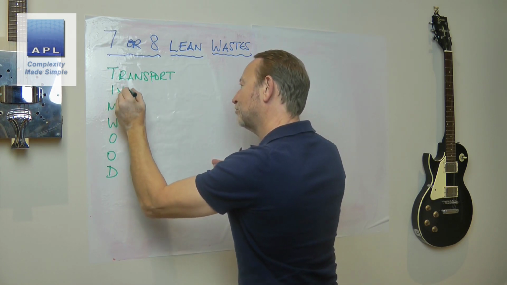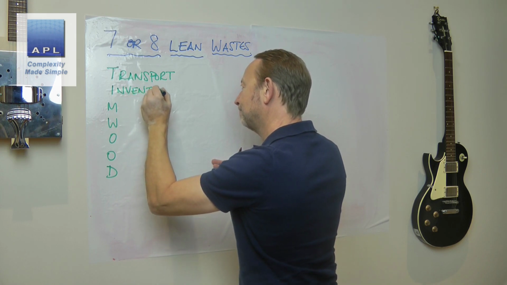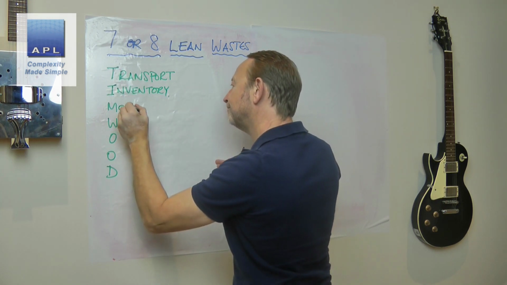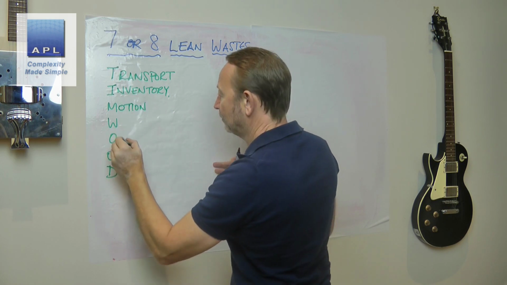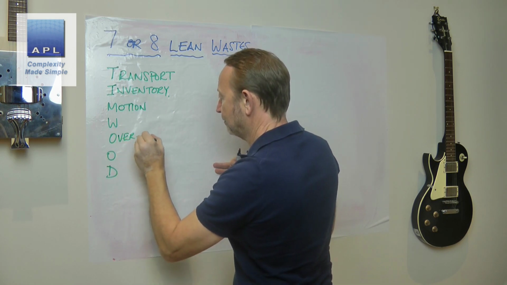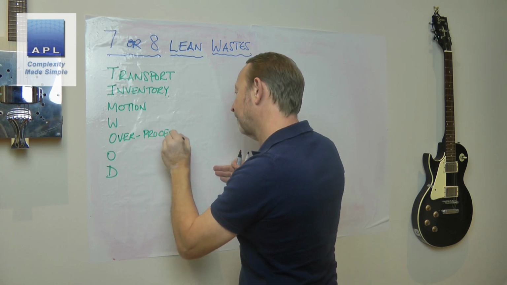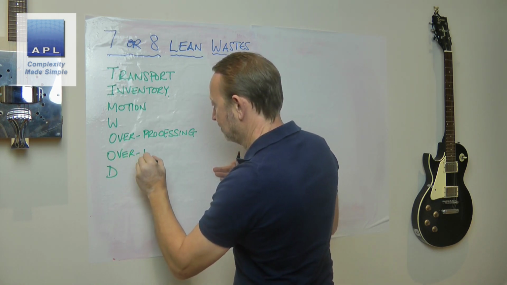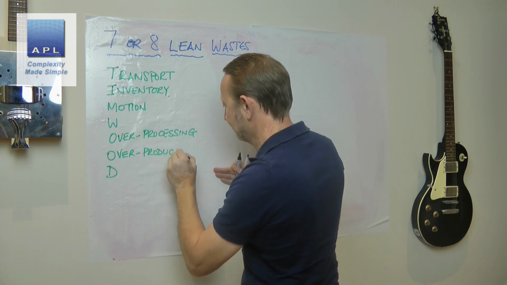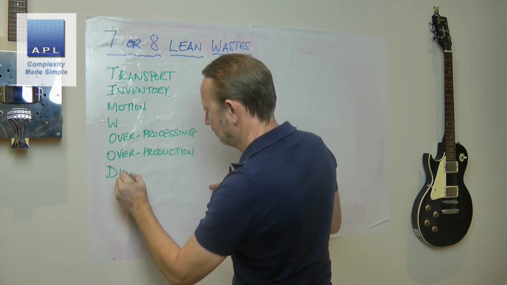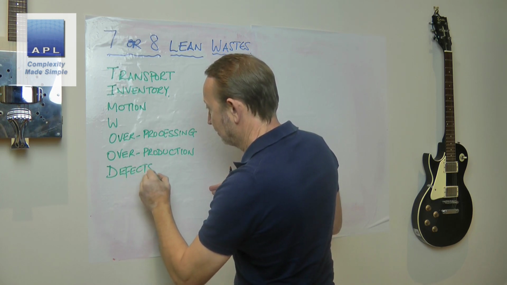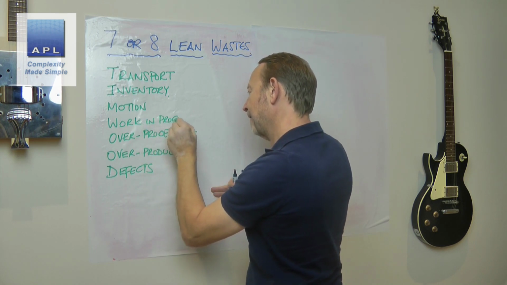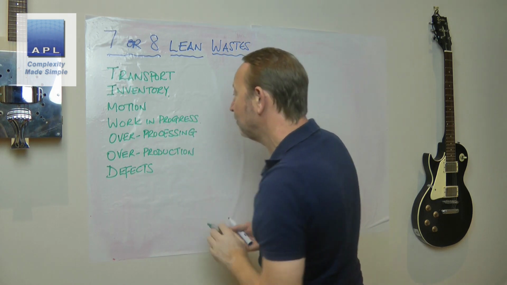So: transport, inventory, I would say unnecessary inventory to be honest, motion, over processing, over production, defects, work in progress.